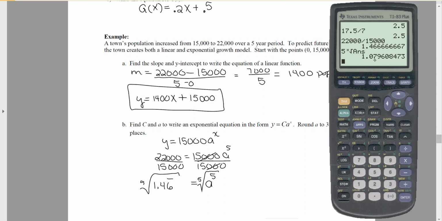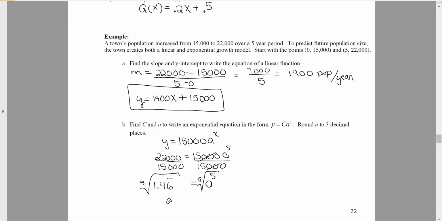about 1.0796. This says to round a to 3 decimal places. So 1, 2, 3, that means I look at the 6 and round the 9 up, which means that now becomes 1.080 for my a value.